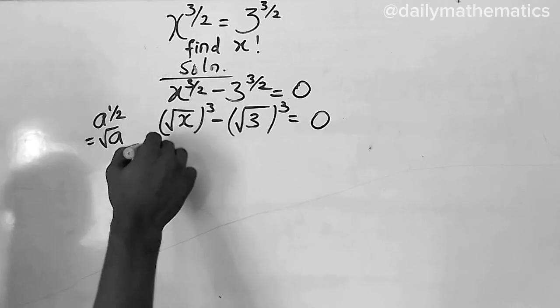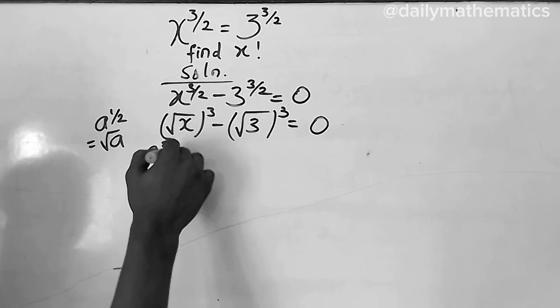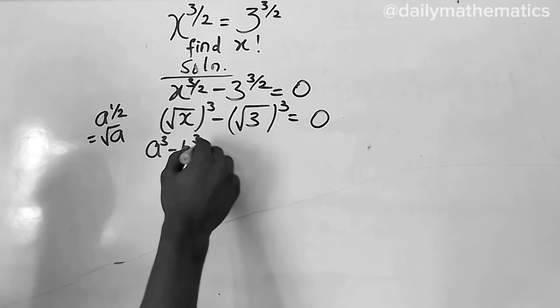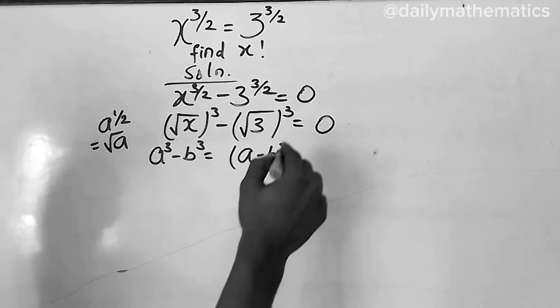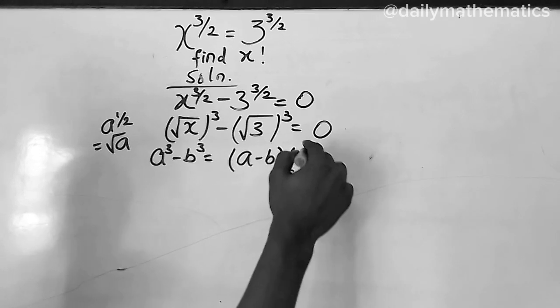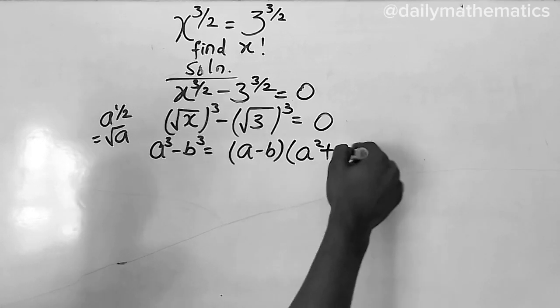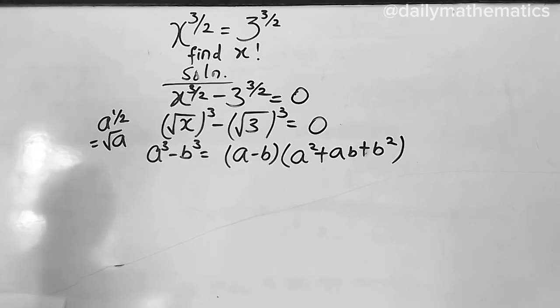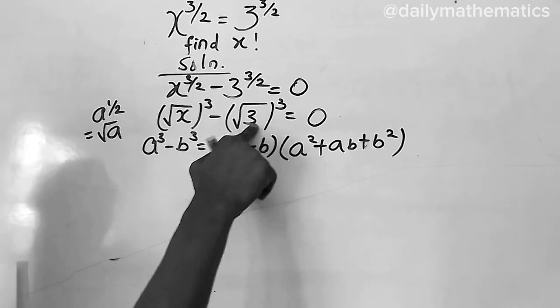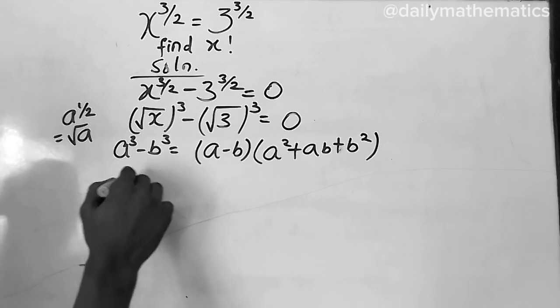All right, and don't forget that when you have a raised to the power of 3 minus b raised to the power of 3, it gives us (a minus b)(a squared plus ab plus b squared). So from here, we assume this is a and this is b. What will this give us?